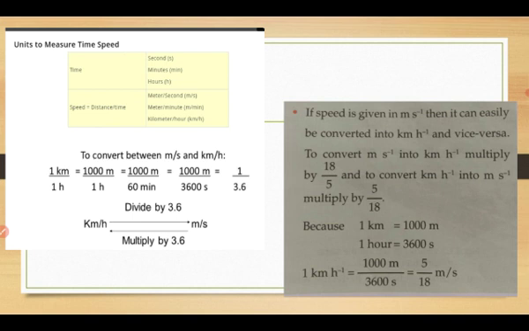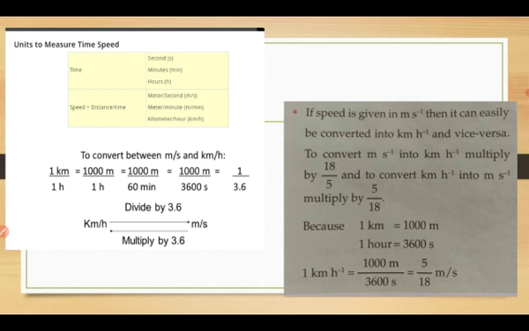When we solve, we get 1 upon 3.6. If we have the speed in kilometer per hour and we divide it by 3.6, then we get the speed in meter per second.